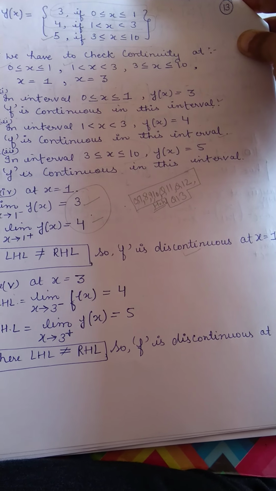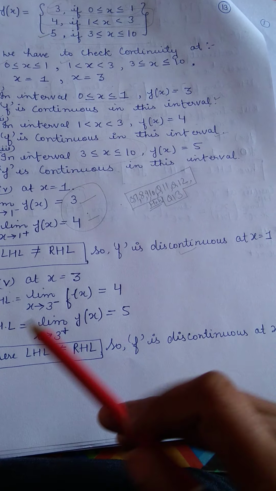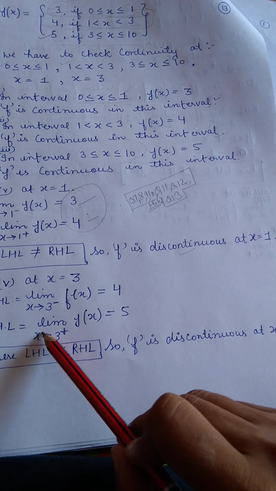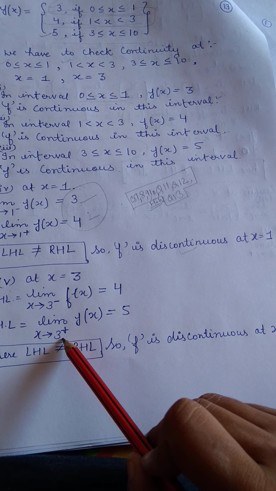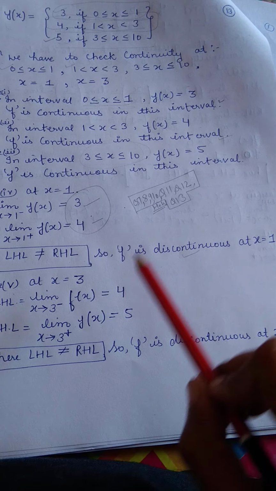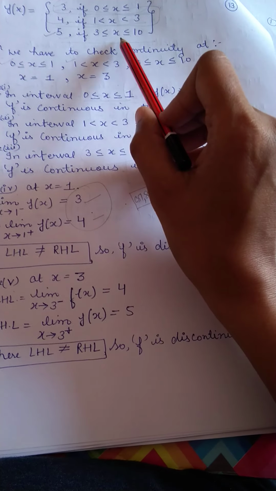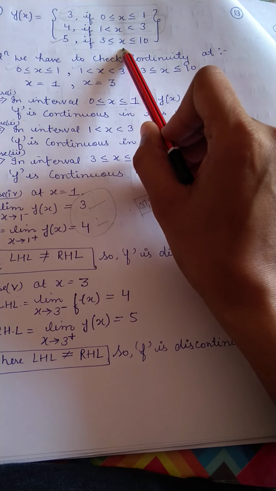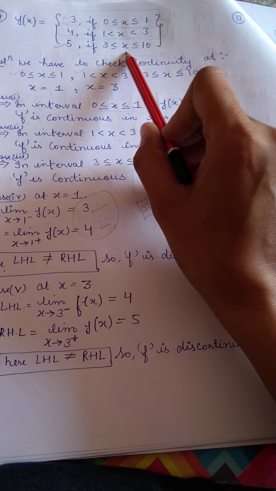Clear बच्चे? And RHL, limit x tends to 3 positive, that is x greater than 3, the value is 5.